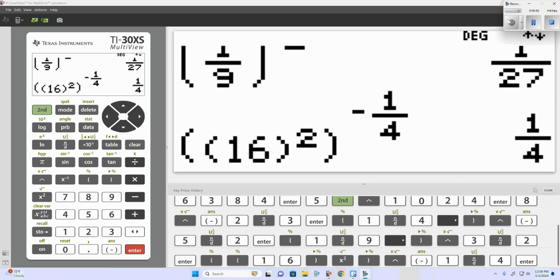Because to convert it from fraction to decimal, you're going to have to do math, enter, enter. Any other questions on 1 through 8?